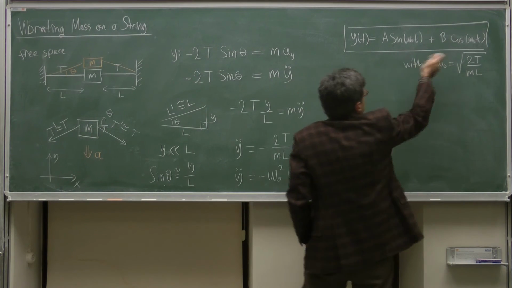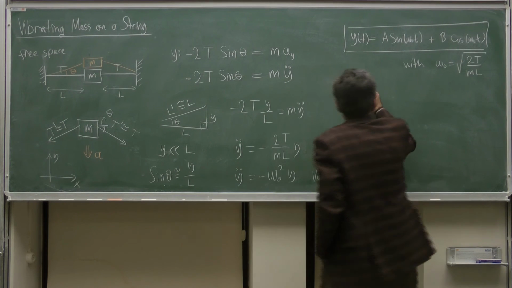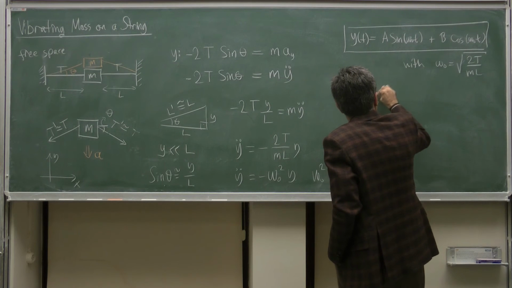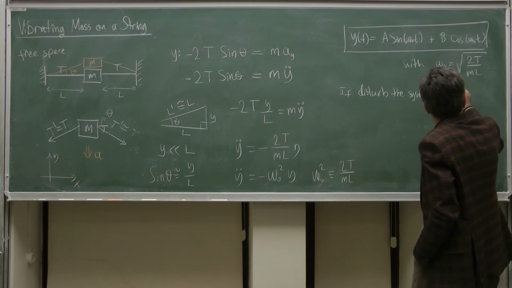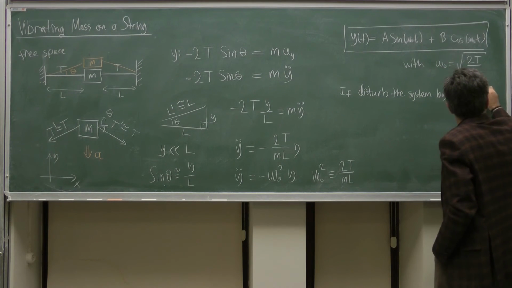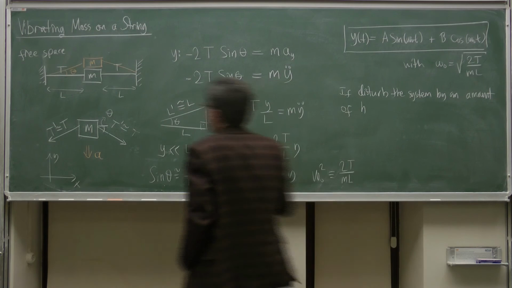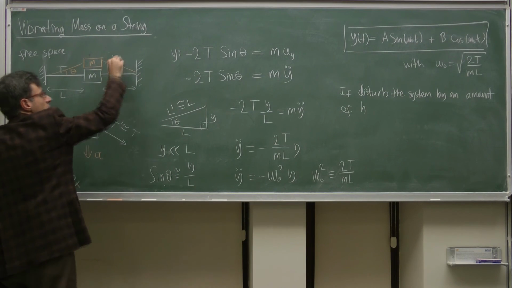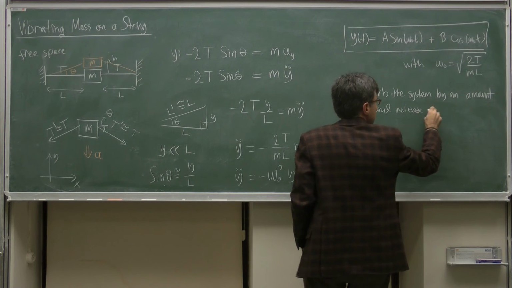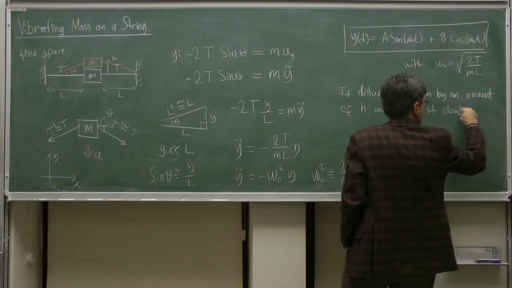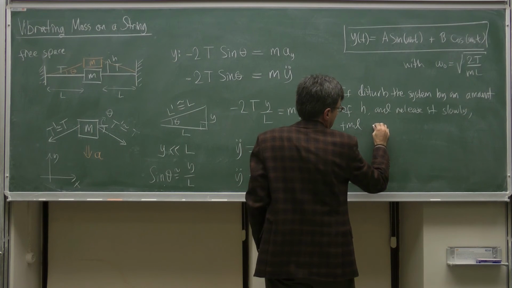Let's also try to figure out what A and B are for a special case. If we disturb the system by an amount h, pull this by an amount h, and release it slowly, find y of t.